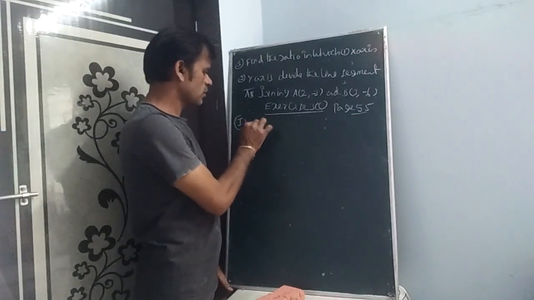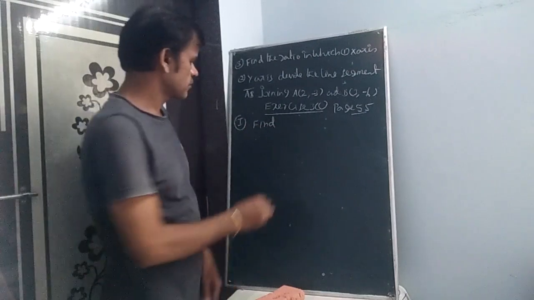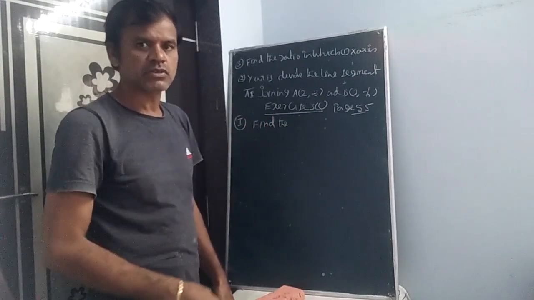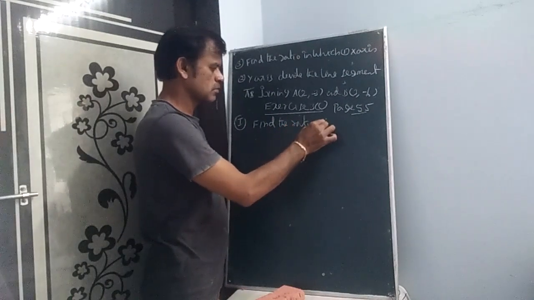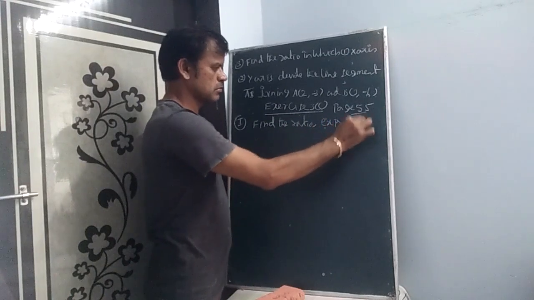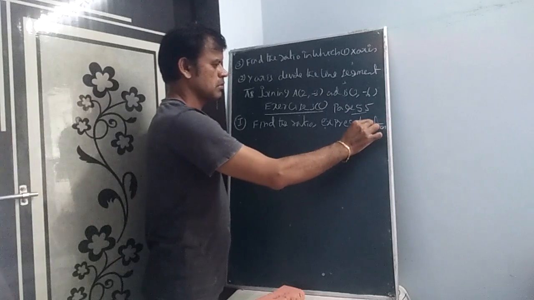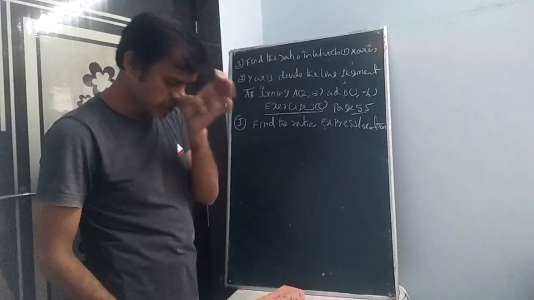Find the ratio, express the location, meaning same side or opposite side. That is location. This is a simple question: find the ratio, express the location.